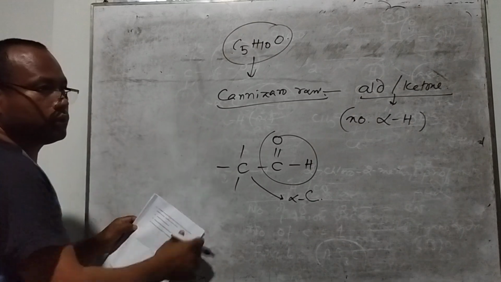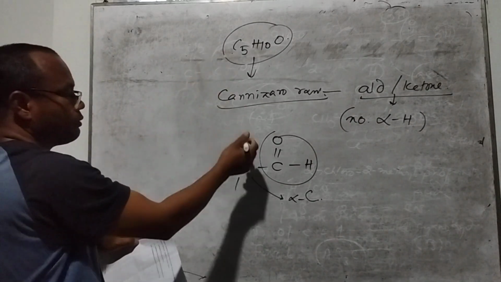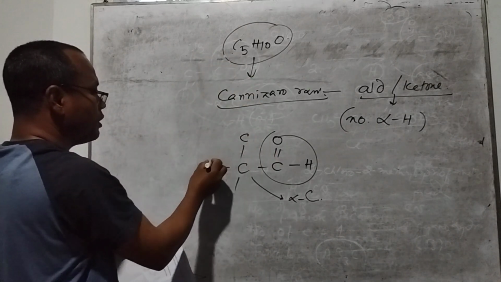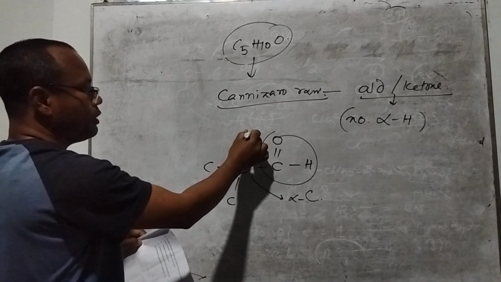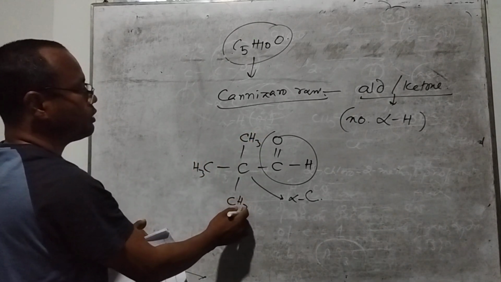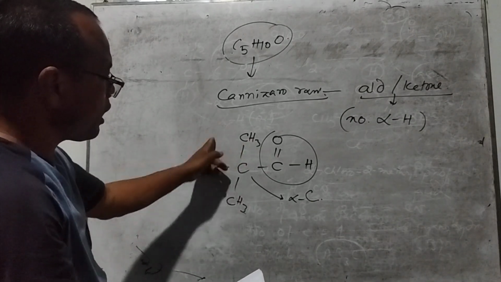Don't write any hydrogen. The remaining bonds should be written with the number of carbons given. How many carbons? 1, 2. So 3 more here. 1, 2, 3. So that will be hydrogen. Here also be hydrogen. Here should be hydrogen. Then we count the number of hydrogens. Okay, 3, 3, 3, 9 and a 10.